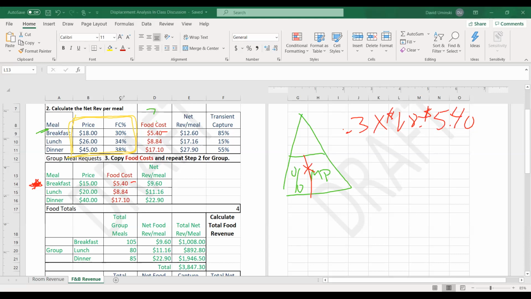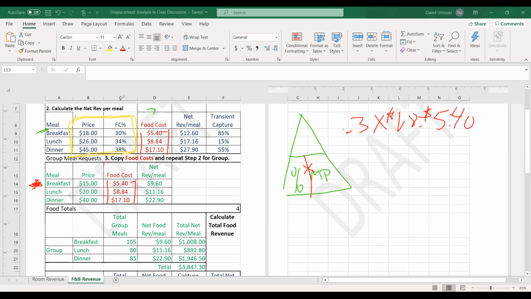It's the exact same food, but the group is requesting a lower rate, which they typically will do. Because of that, we want to take this food cost, that's why number 3 says copy the food cost directly down into the group meal request area, because these food costs right here are identical to these food costs here.